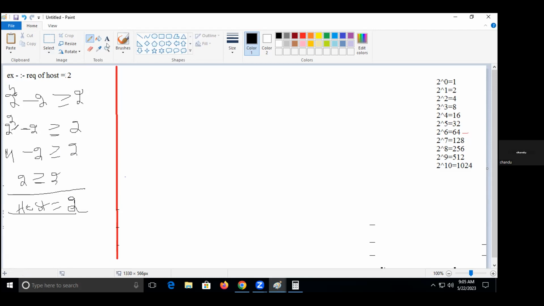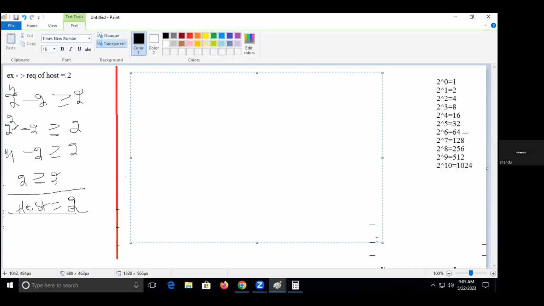Now let me take the public IP address, 212.10.1.0/24. The subnet mask is 255.255.255.0. 255 means 8 ones, again 8 ones, again 8 ones, but the single 0 is equal to 8 zeros: 1, 2, 3, 4, 5, 6, 7, and 8.